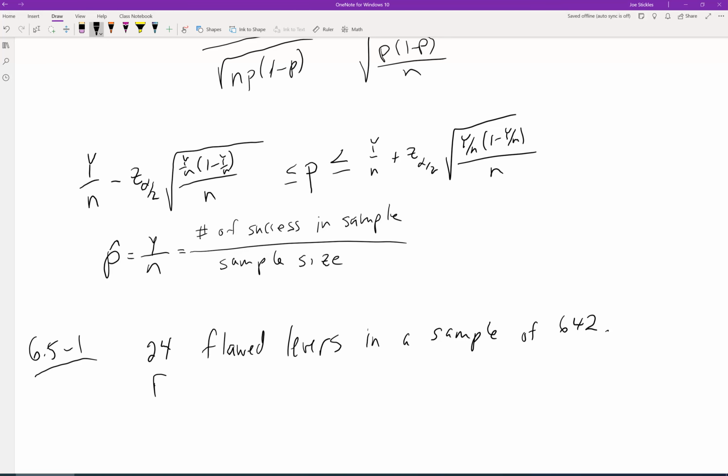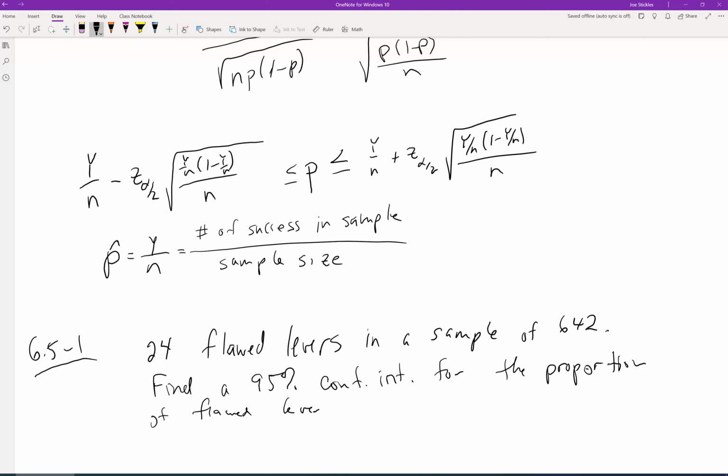And we want to find a 95% confidence interval for the proportion of flawed levers. The production line is what it says.